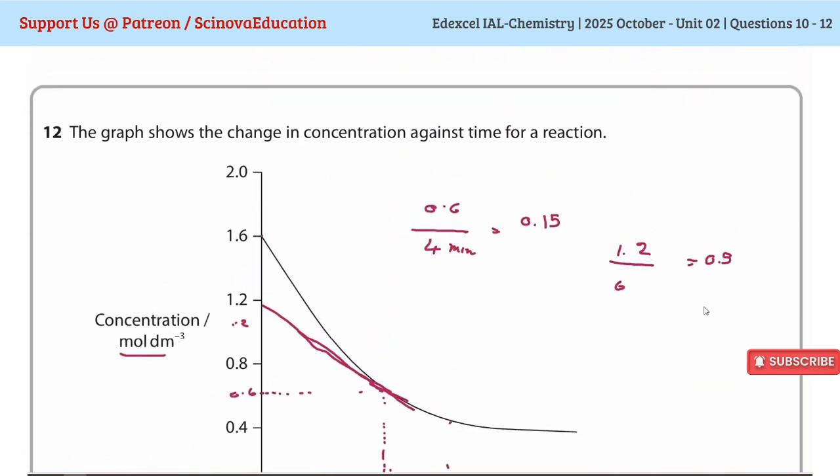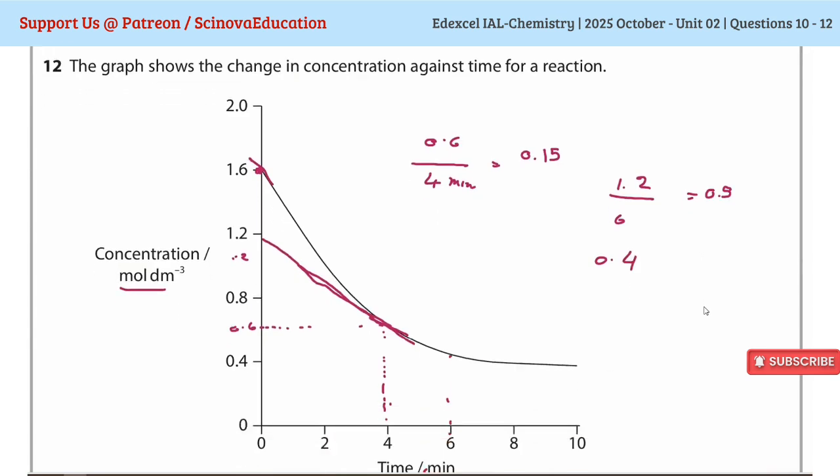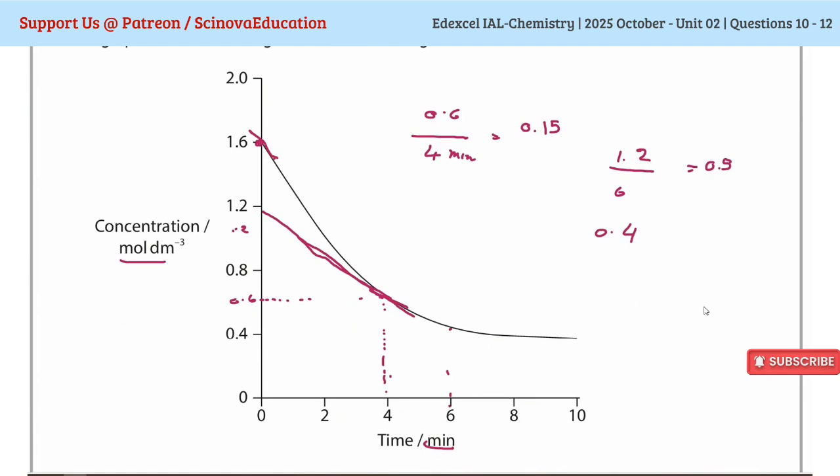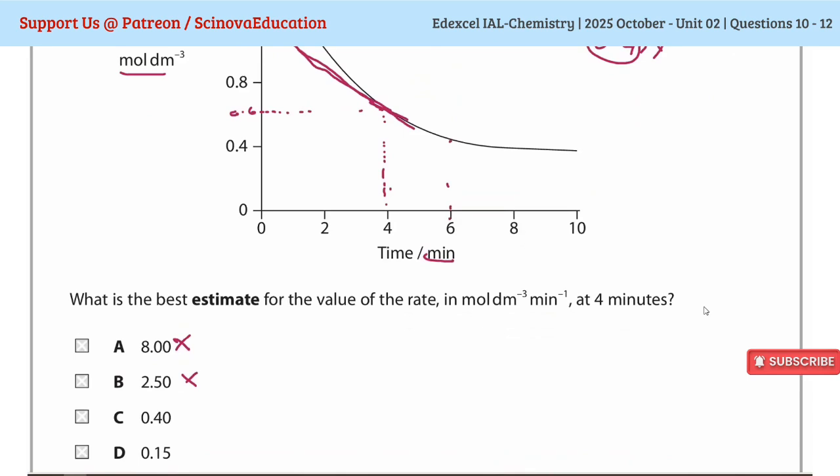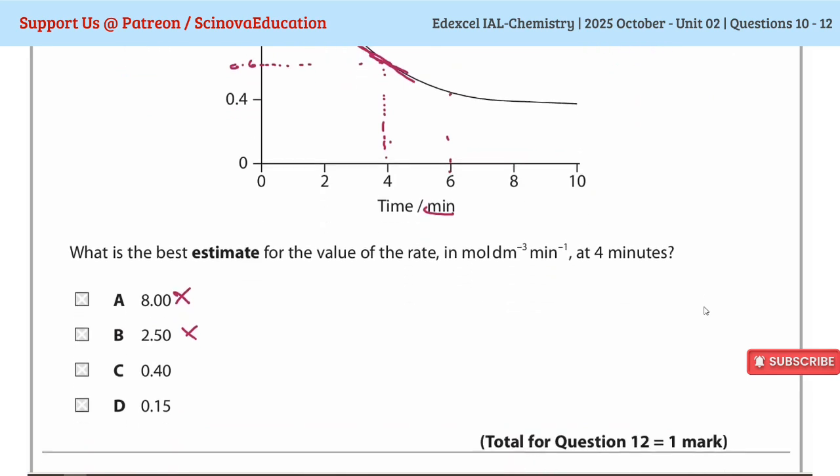And if you consider the highest rate point, the gradient is nearly 0.4, and therefore that value also cannot be the rate for the time of 4 minutes. Therefore, that value is also rejected. You are ending up with 0.15. In either method, you end up with the same answer, 0.15.